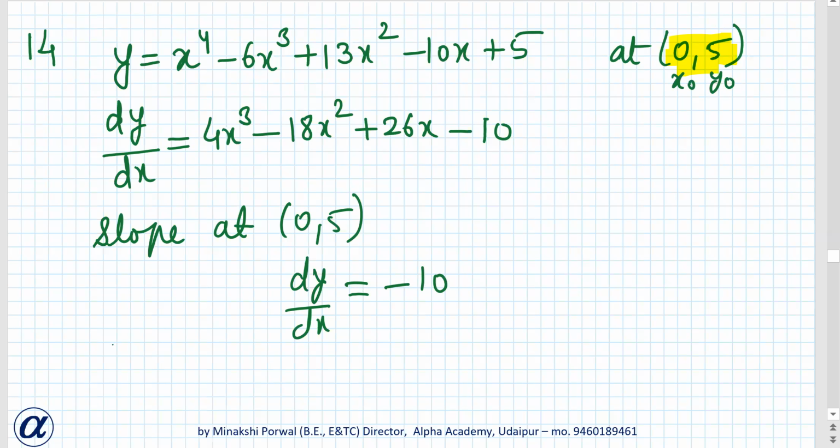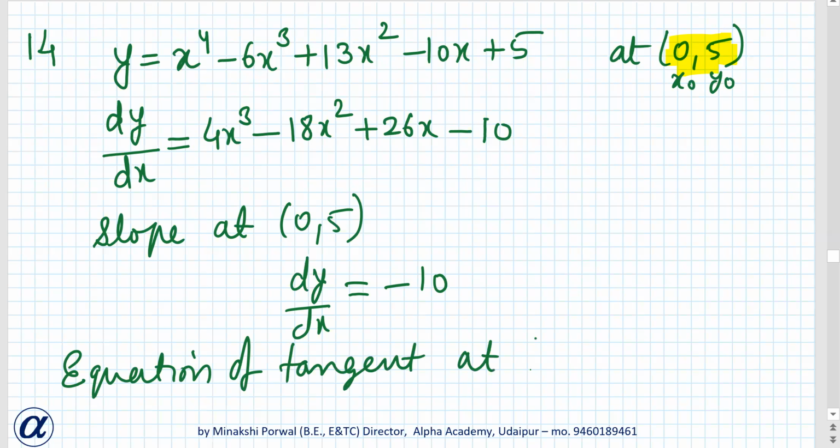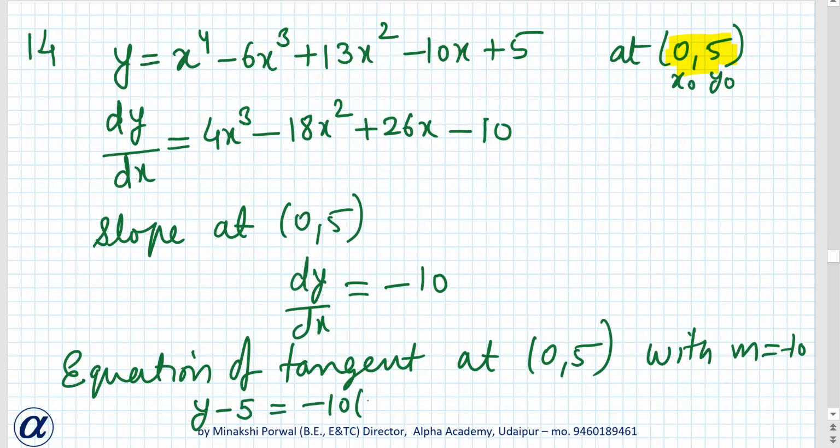Now the equation of tangent at (0, 5) with m equals minus 10 will be y minus y0, that is 5, equals m into x minus x0, that is 0. So the equation will be y plus 10x minus 5 equals 0. This is the equation of tangent.